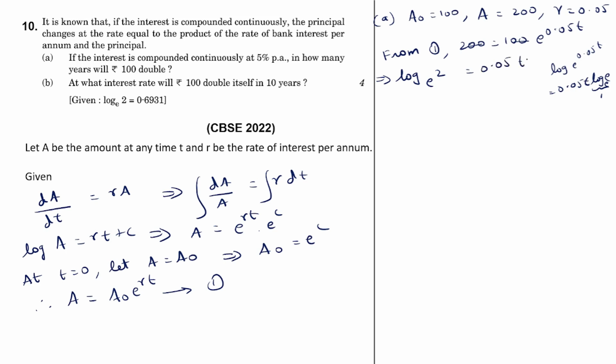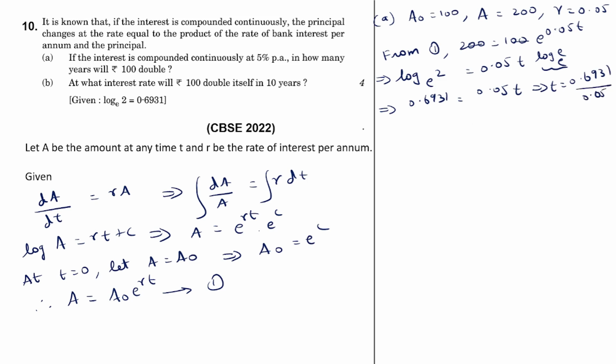As a result, log 2 to the base e is equal to 0.05t log e. This is log e to the base e, which is 1, and we have log 2 to the base e given here, it is 0.6931. From this, 0.6931 is equal to 0.05t, or t equal to 0.6931 divided by 0.05.